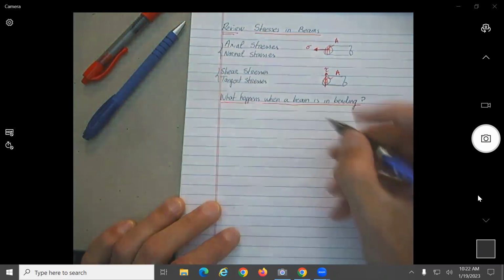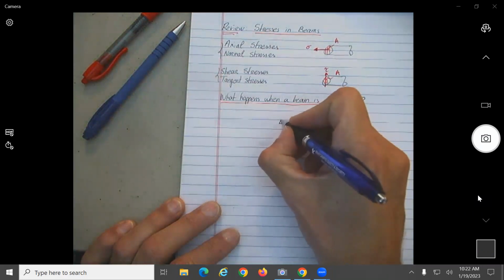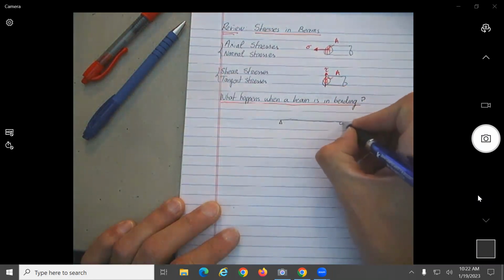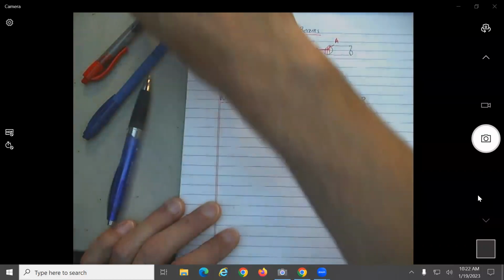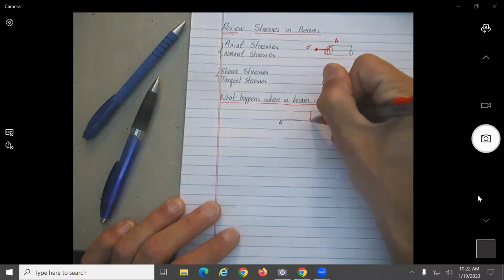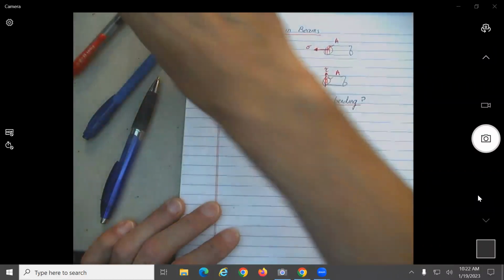For instance, we can take any beam, the ones we have done before, it doesn't matter. Just put one force right here, do it very simple. Okay, P.